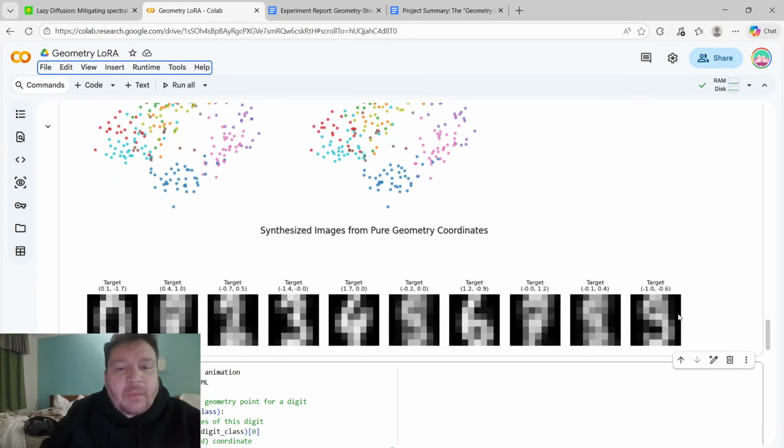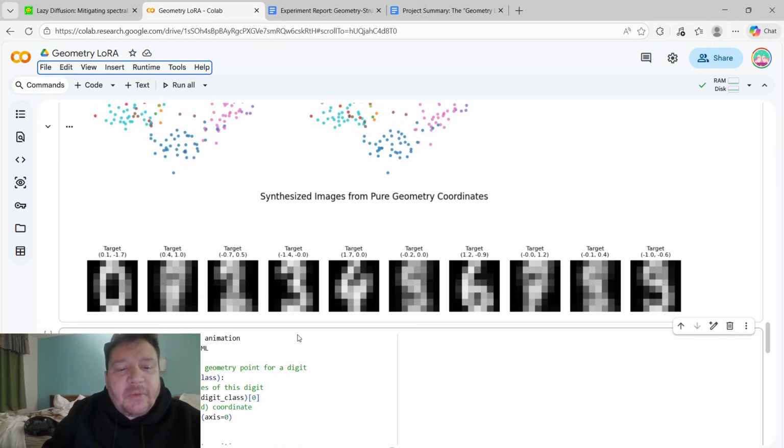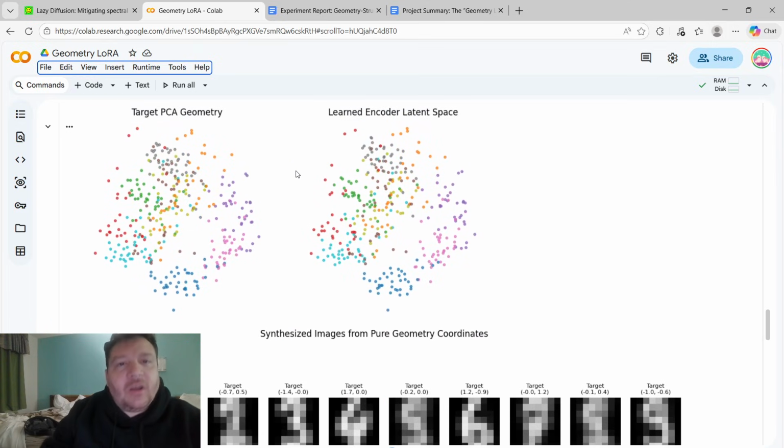So the bottom line is these images and these digits are what I just went over here in the document, right? The model was trained on just the underlying geometry of these digits, and was never given the digits themselves.